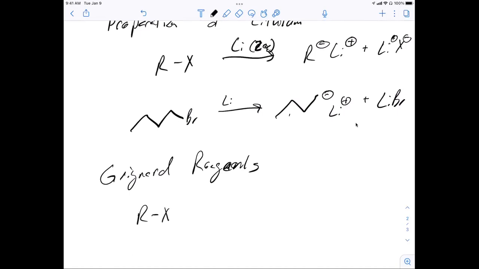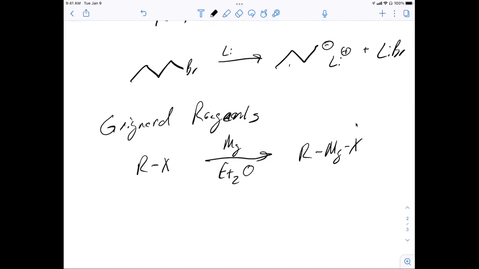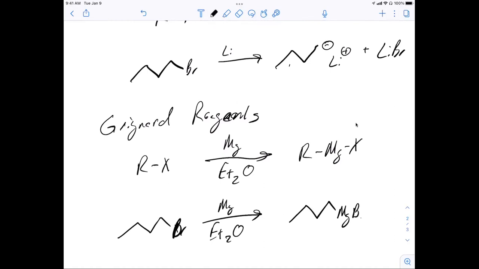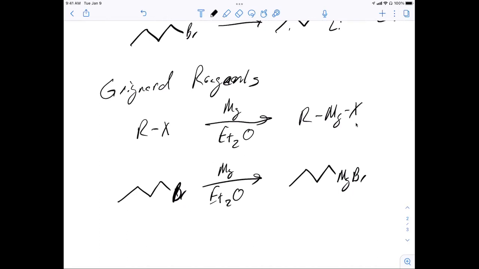Here, if we take our halide and react that with magnesium in ether or THF, we get the magnesium inserting between the alkyl group and the halide. We get that. So we're familiar with both of these, or we've seen these before.